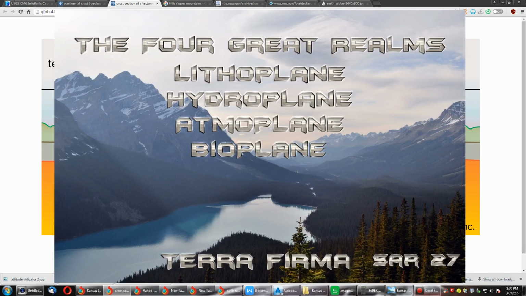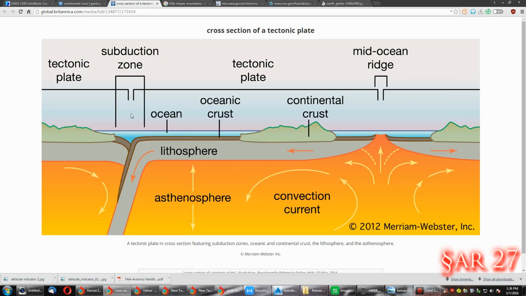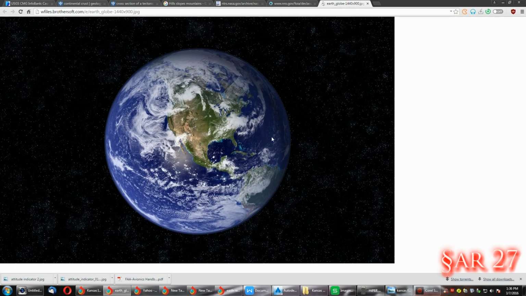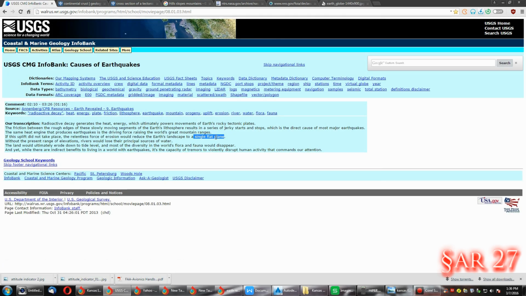I mean, if it wasn't for the tectonic plates, this level plane here would be a single flat surface, a single flat plane. Now let's look at that again. How can a ball become a single flat plane because of the loss of tectonic plates and earthquakes? It doesn't make any sense.